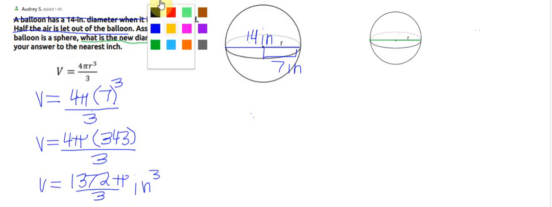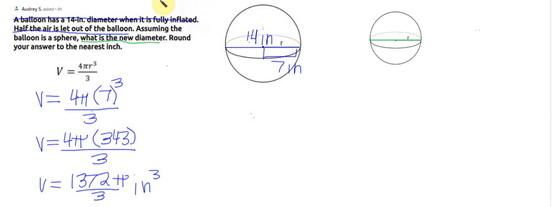And so what that means is we can take this volume here and we're going to divide it by 2. Why? Because we're cutting the volume in half. Let me put it over here actually, because we're talking about this balloon now. Dividing by 2 is the same thing as multiplying by 1/2.